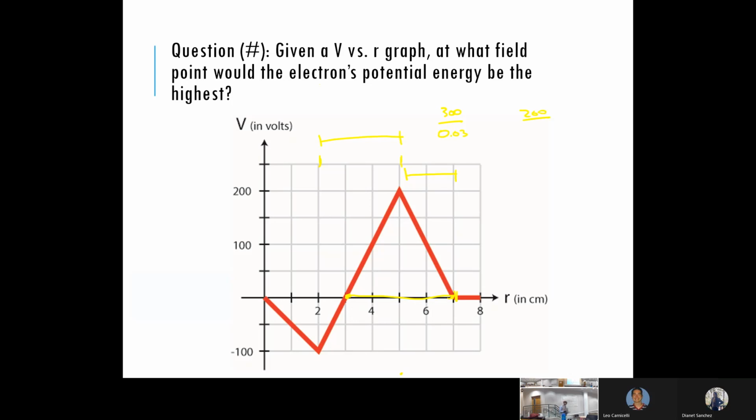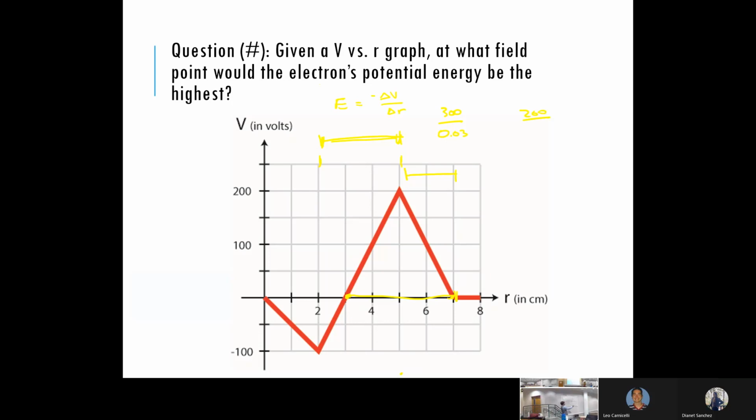Yeah. So this would be, let's see here. Shoot, what do we say? We said that the electric field is the negative slope of the electric potential. So from 2 to 5, the electric field points in the negative x direction, or the negative r direction.